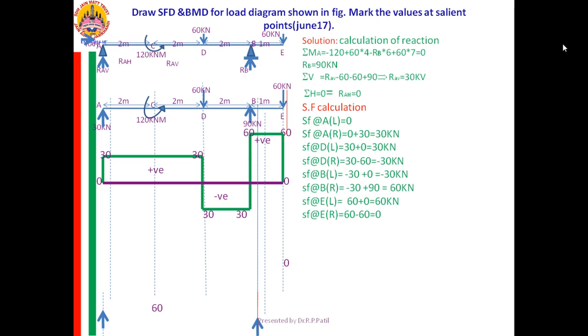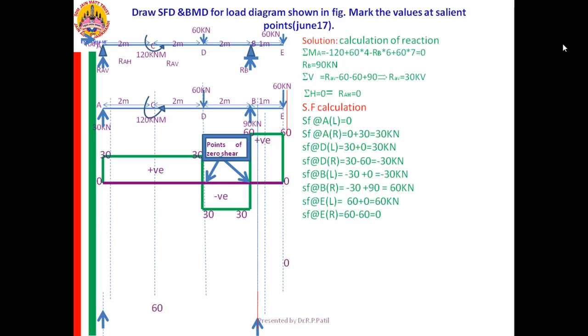Luckily that point is known to us here, that is at D, and again at the point B. These 2 points are called the points of zero shear here, where the SF changes its sign. In SF, those are the important points.